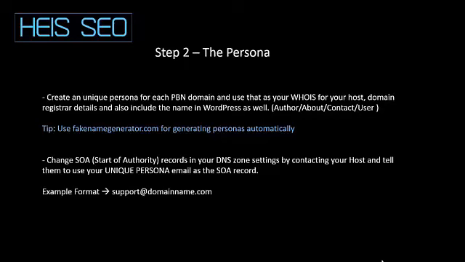Very simple. You could do it yourself, but not on a lot of hosts, because on a lot of hosts they will hide it from you for some reason, and you're going to have to contact them. I personally contact them all the time, so I don't have to mess with anything in the database or whatever. Just contact them and they will change it for you.